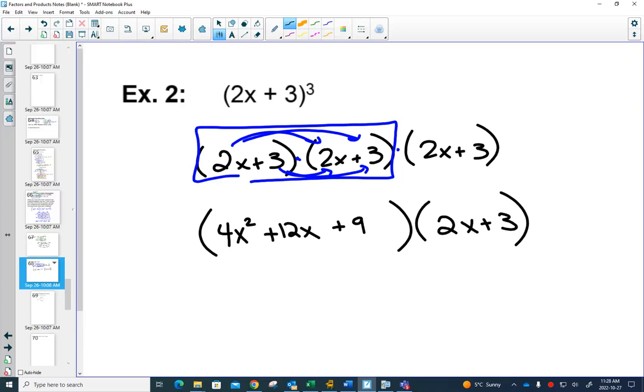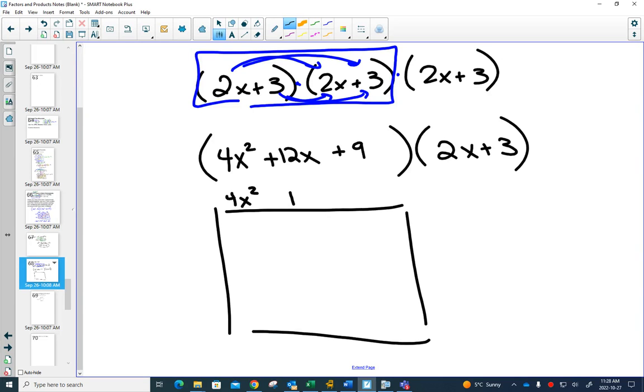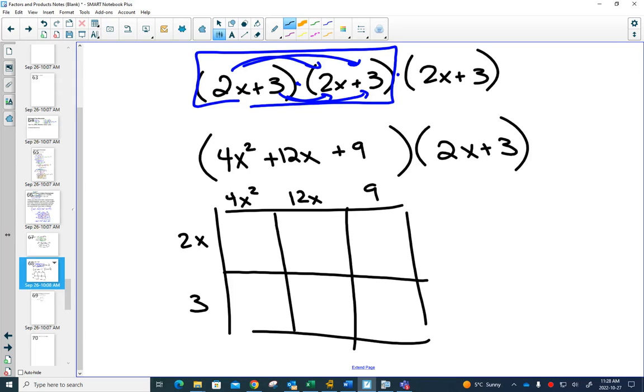You want to use the arrows or you want to use a chart? Chart, okay. 4x squared, 12x and 9, and 2x and 3. Good thing everything is positive. 8x cubed.